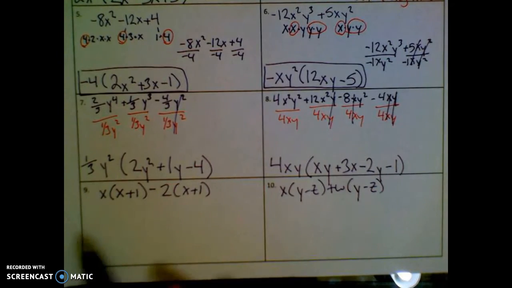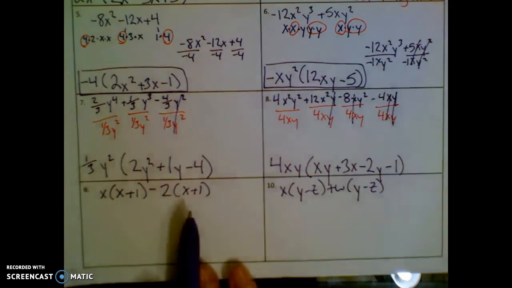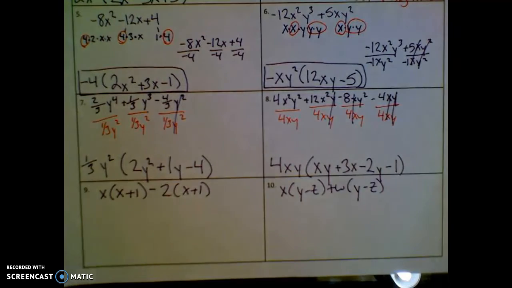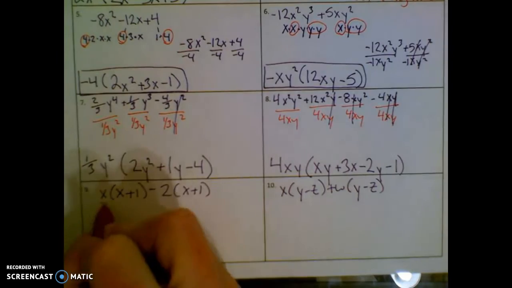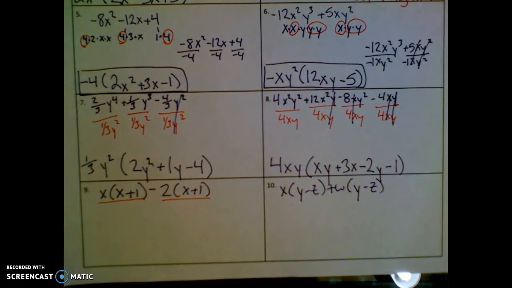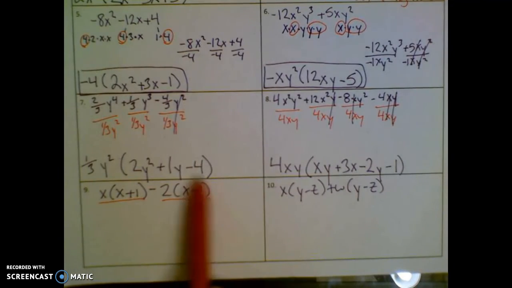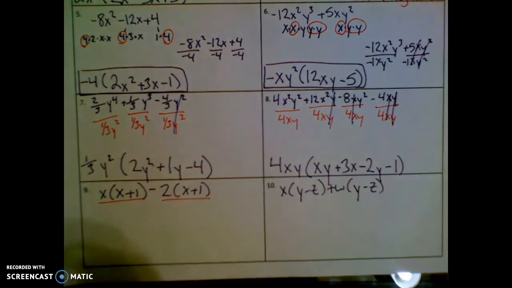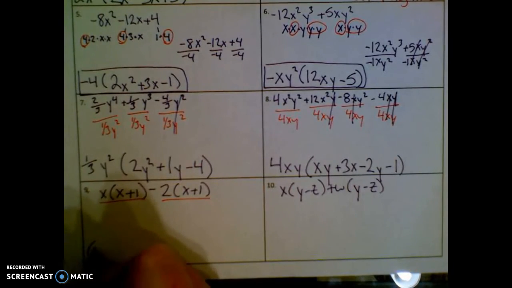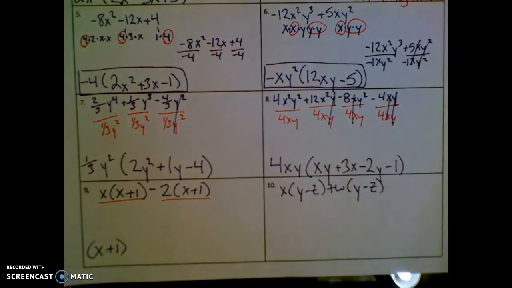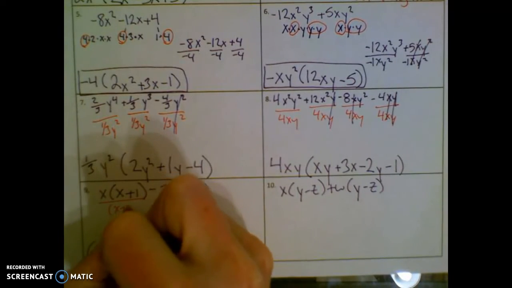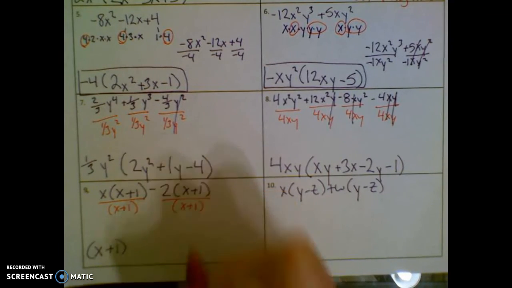Alright, last 2 problems. These look really complicated, but these are actually the easiest problems to set up. I actually only have 2 terms: I have this term and I have that term. What do they have in common? There's no number in common. I have this big x plus 1 that's in common. So that actually is my GCF. I'm going to take it exactly as it appears, parentheses, x plus 1. They both share that x plus 1. So I'm going to divide each term by x plus 1.